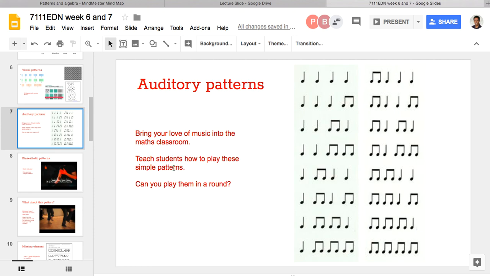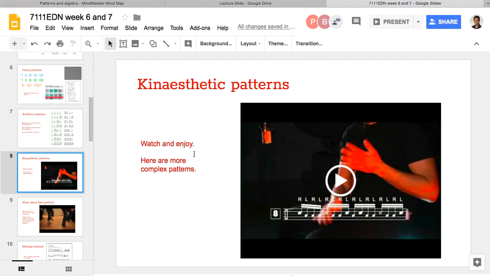Okay? So teach your students these simple patterns, and then can you play them in a round? So there are a whole bunch of childhood songs that you can help students play in what we know musically as a round. Now, if you're brave enough, here are more complex patterns. Now, I'm not saying now go in on prac and teach students these patterns because it will freak them out.